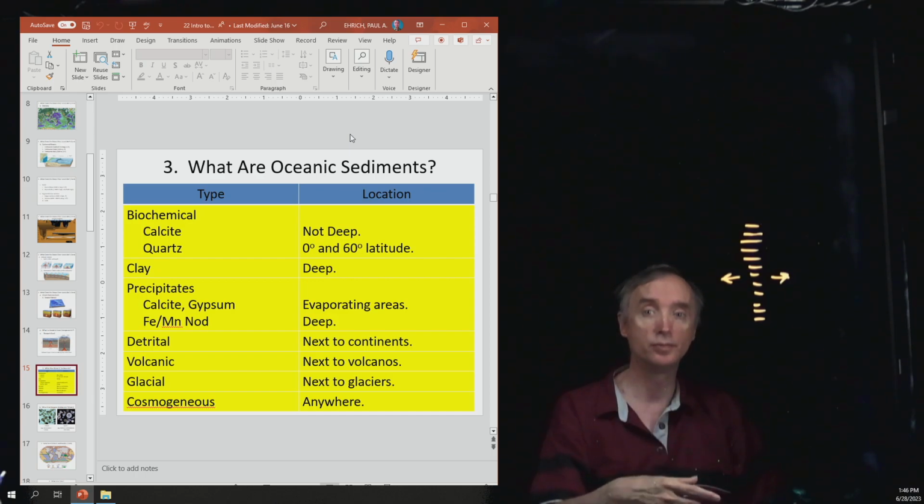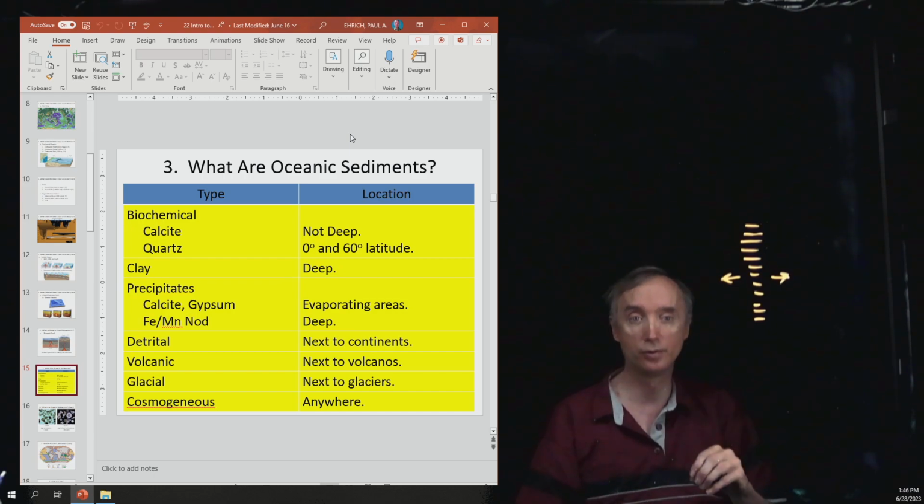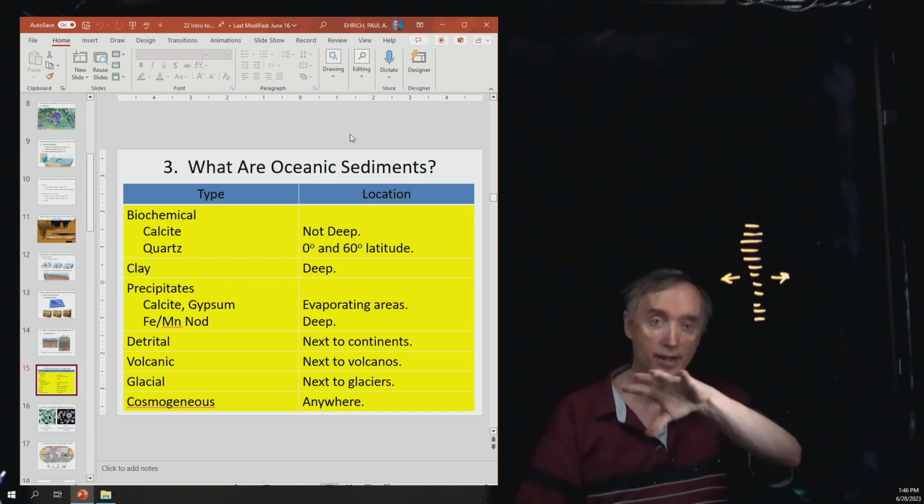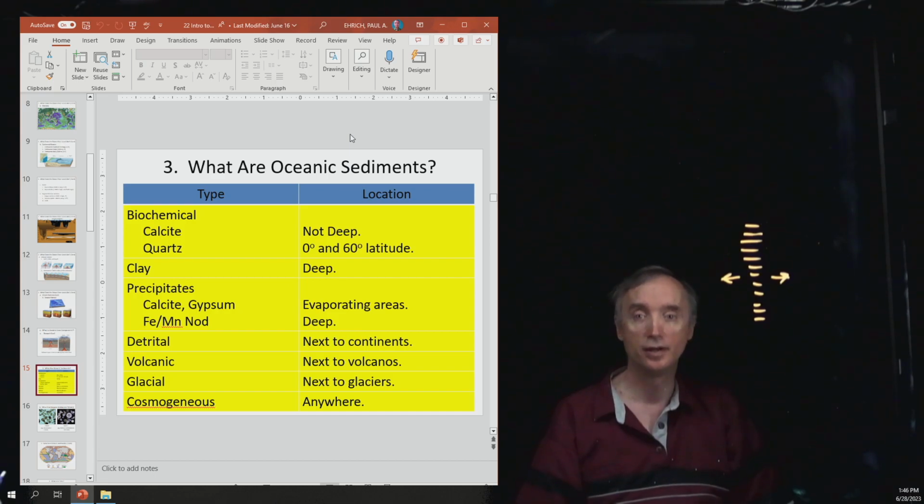You can have gypsum. You can have these iron manganese nodules. And then detrital is going to be rocks and pebbles and sand that washes out to sea. You can have volcanic materials. You can have glacier materials. So glaciers can push materials out into the ocean. And then asteroids and meteorites can also hit the ocean and be deposited on the floor.